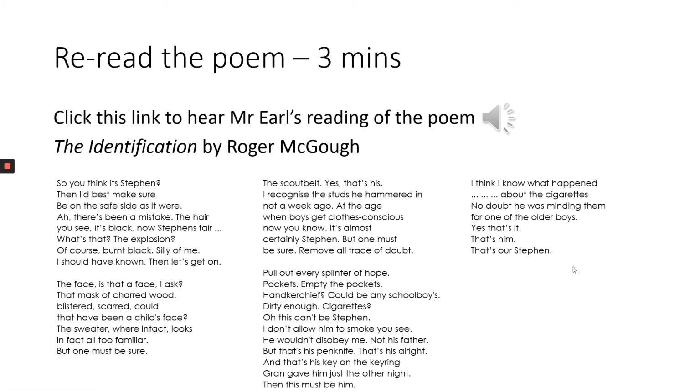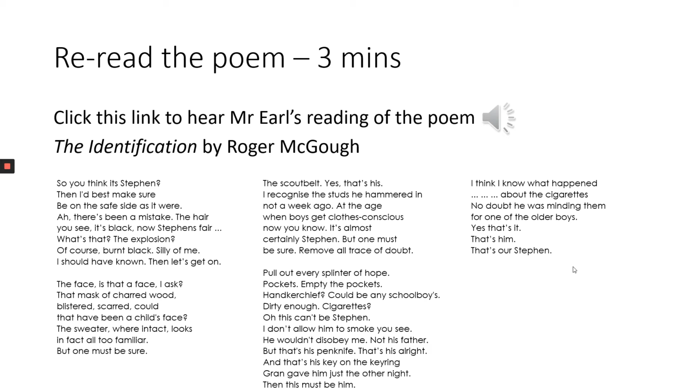So you think it's Stephen? Then I'd best make sure. Be on the safe side, as it were. Oh, there's a mistake. The hair, you see, it's black. Now Stephen's fair. What's that? The explosion. Of course, burnt black. Silly of me. I should have known. Then let's get on.